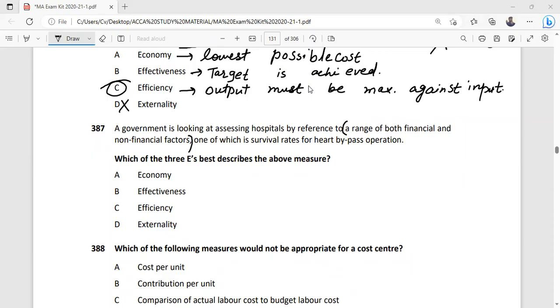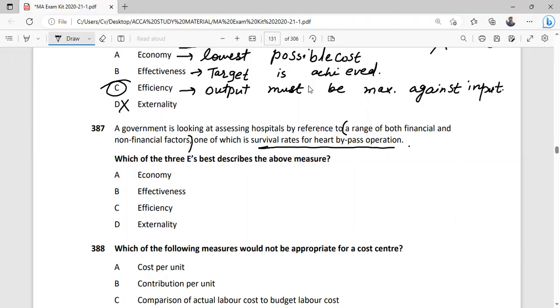One of which is survival rate of heart bypass operation. It means how many people are coming to the hospital for the bypass, and whether their bypass will be successful or not, or most of them must be successfully treated by the hospital.